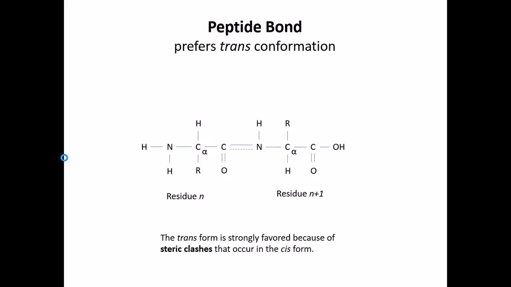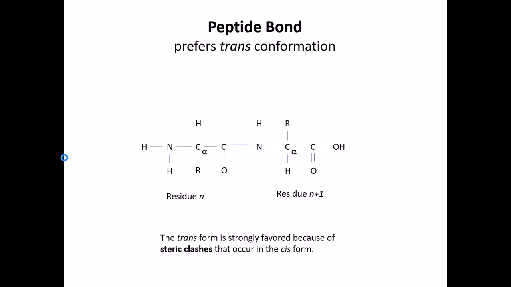But this is a less preferred conformation because of the steric clashes that happen because of the existence of the R group with the subsequent molecules that interact with them.